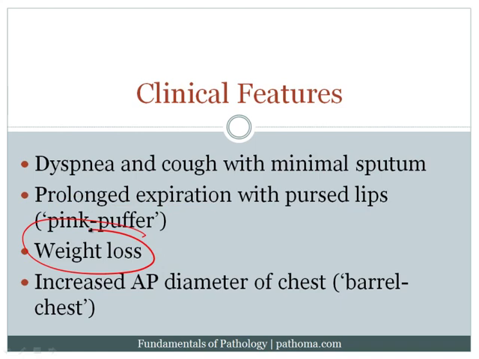And then the final change that we're going to see in these patients is an increased AP diameter of the chest. This is super high yield as well. Let me remind you from normal physiology that the tendency of the lung is to collapse in. The alveoli have elastic recoil and they would like to collapse in. And the tendency of the chest wall is to expand out.